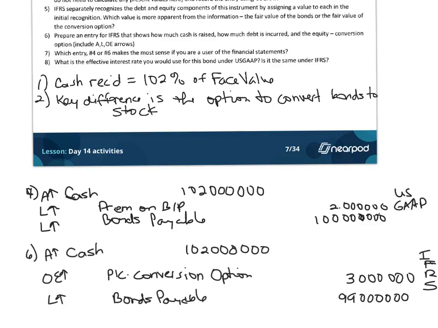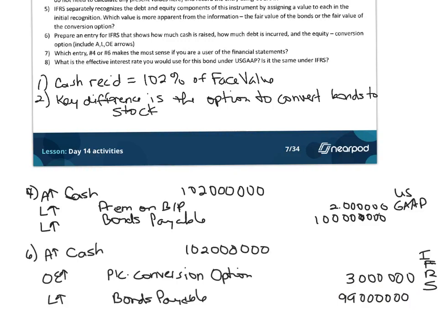And if you're trying to remember what I even mean by effective interest rate, I mean the market rate that you're going to have to use to calculate interest expense. It's the market rate that gives you the present value of the debt. So you need a market rate that would have resulted in $102 million present value on this bond. And in IFRS, you need an interest rate that would have given you a present value of $99 million.